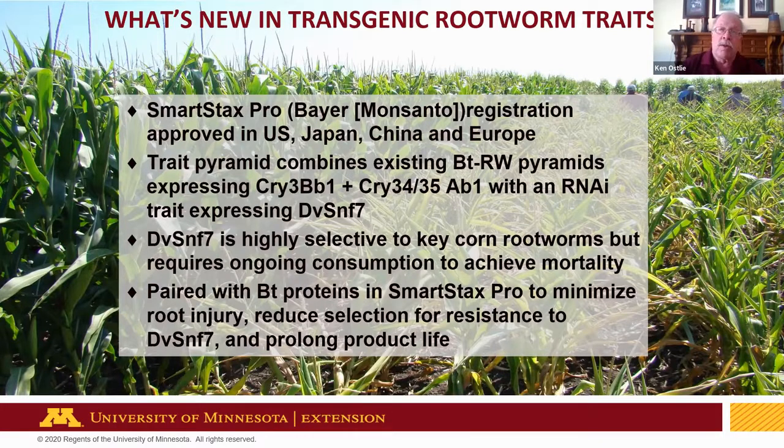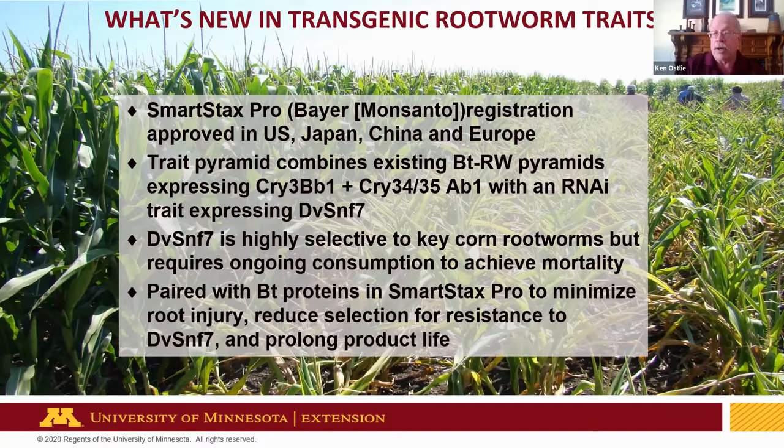With the RNAi, the I refers to inhibitor. The RNAi binds to that key RNA and stops protein production of a critical protein. So this technology is very specific to what it can do, but it requires ongoing consumption in order to reduce that protein level long enough that the insect will die.